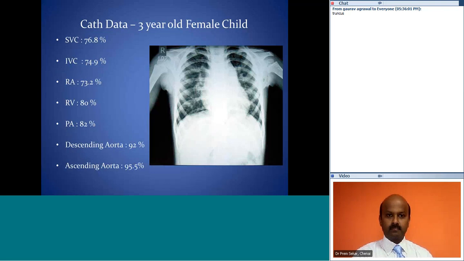You have only the saturation parameters, no pressure parameters, but it should be able to give you a fair idea of what the cardiac pathology is in this 3-year-old female child, as well as the physiology to some extent.